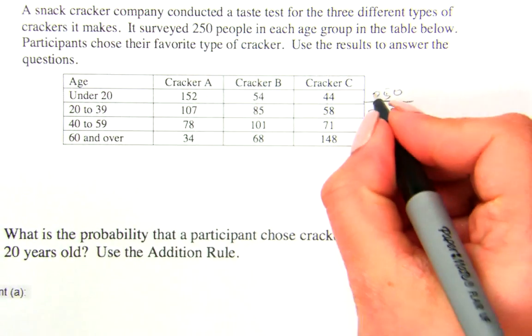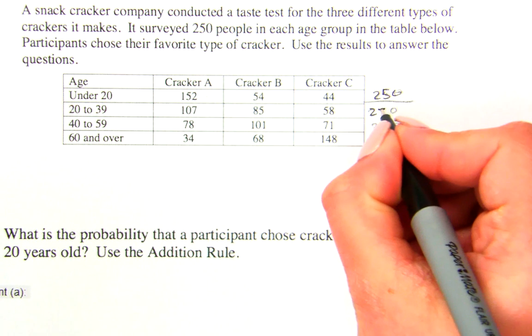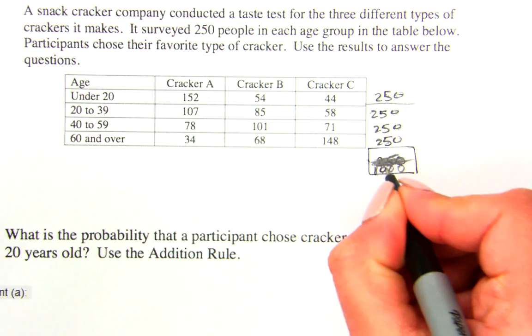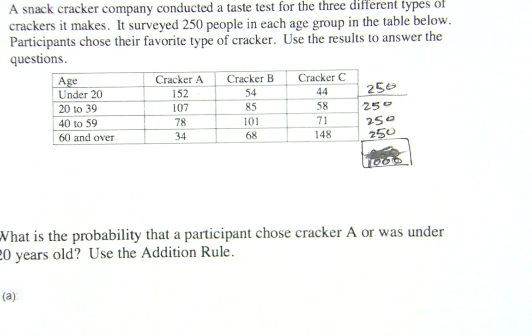So 250 in each age group. Wow, that was confusing. Okay, so 1,000 people total.